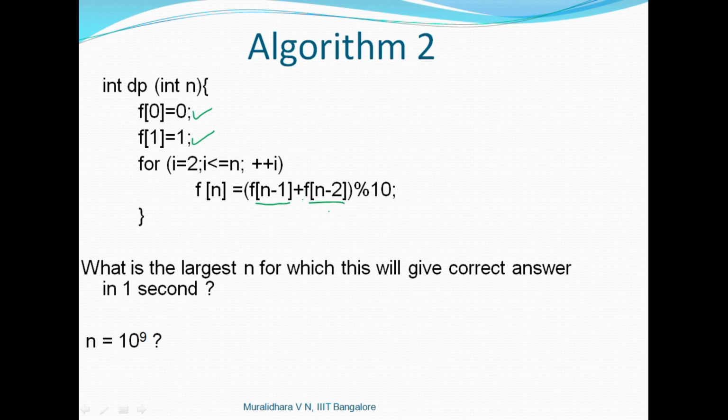We will basically do one addition, two subtractions, and one modulo operation, of course, and there is a loop which is running. So the number of additions is n, right?